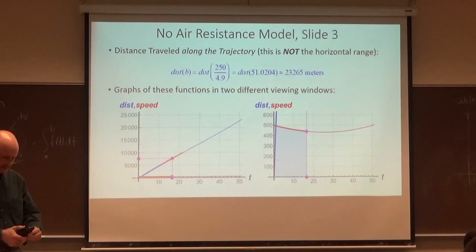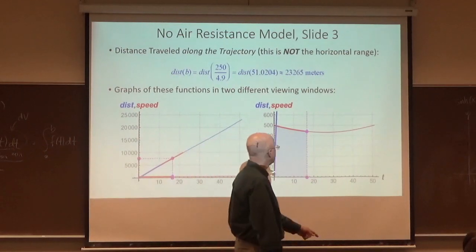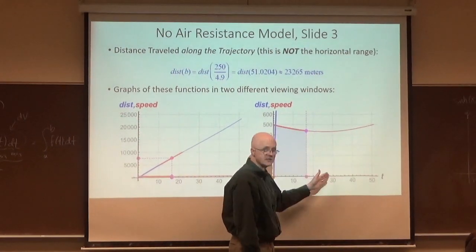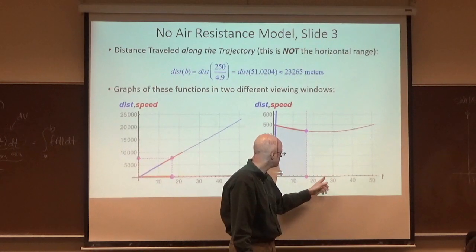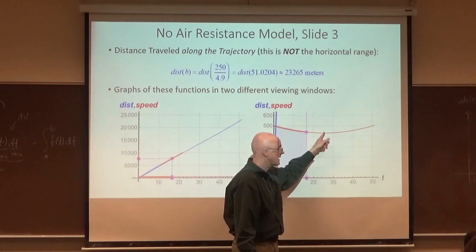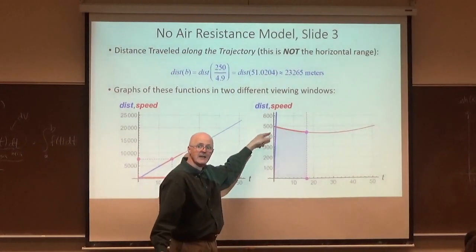I forgot my calculator, except my phone, 250. About 51, really close to 51. The minimum is going to occur really close to half of that, 25.5. Right around there.